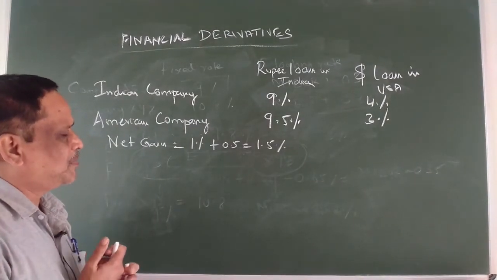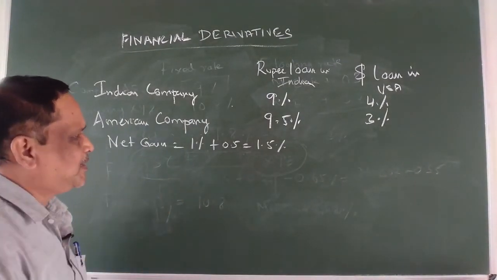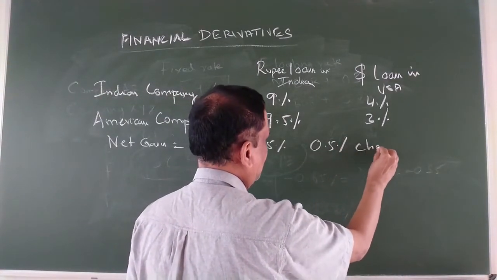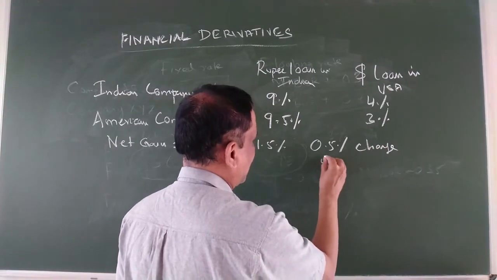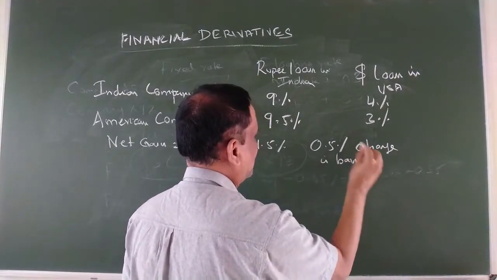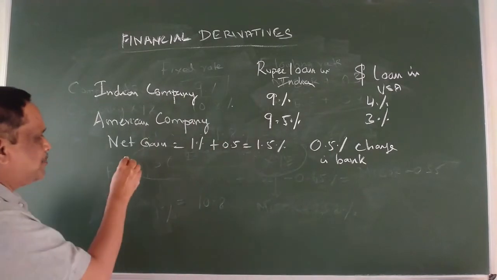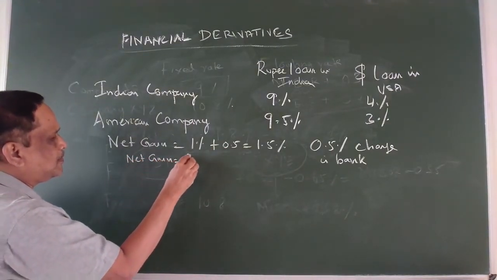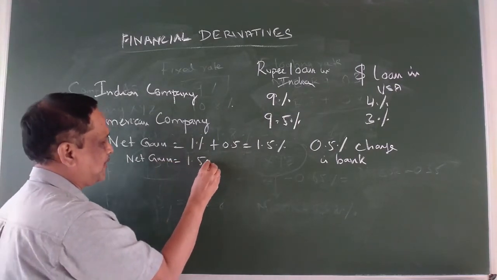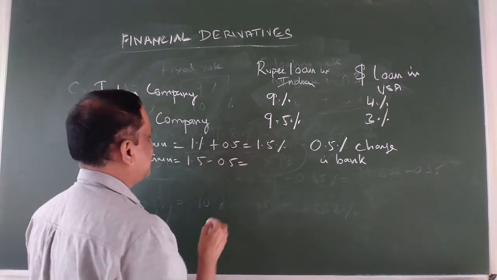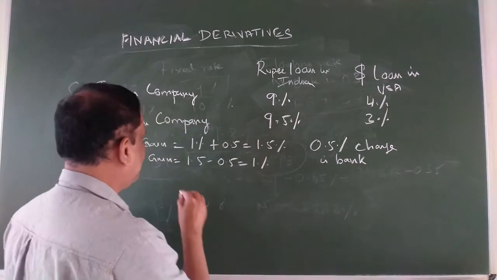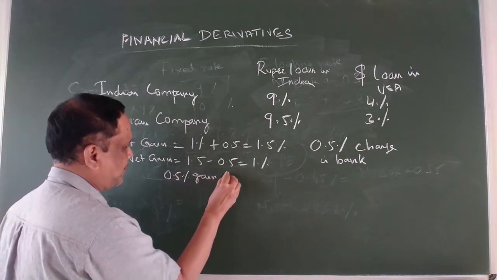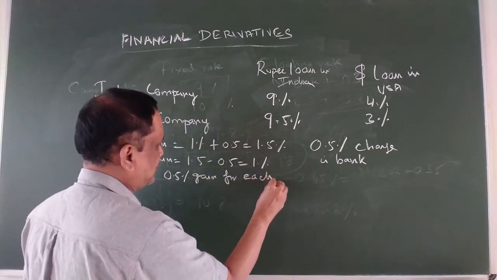And one more condition in the problem is, we have 0.5% charges to be given to the bank. Bank will be gaining. So, the net gain to the companies will be 1.5 minus 0.5, that will be 1%. 0.5% gain for each company.